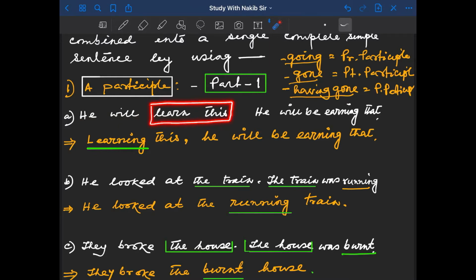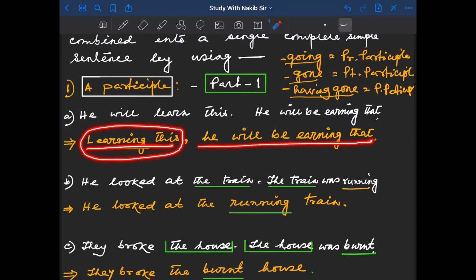Learn this. Now turn learn into a participle by adding ing to it. Then it will become learning, learning this, and add this learning this at the beginning of this part. So it is now a participle phrase. Learning this, he will be earning that. Learning this part is the participle phrase.